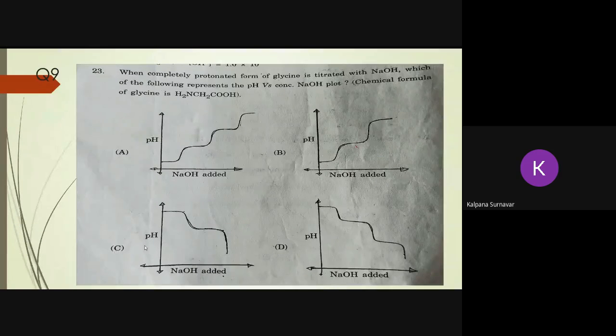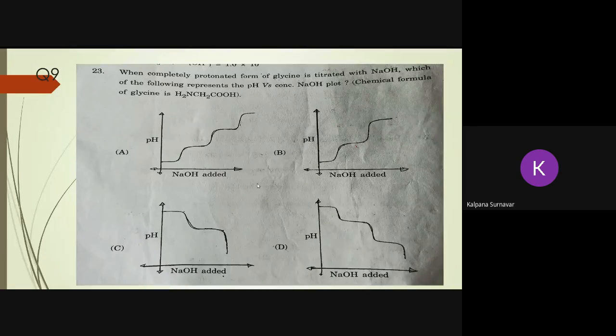See, answer number C is there. Obviously, the NaOH is not titrated with the glycine, so the third option is incorrect. Same, the fourth option is incorrect because we are adding NaOH externally, while the glycine is taken in the beaker and NaOH is titrated.